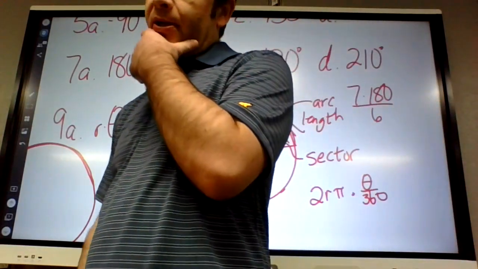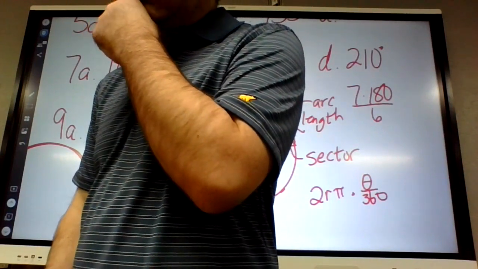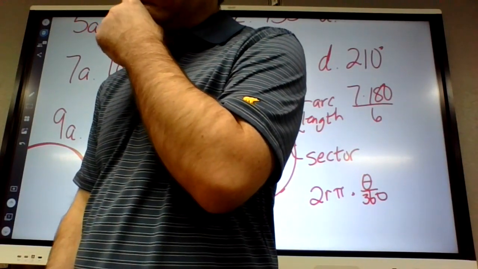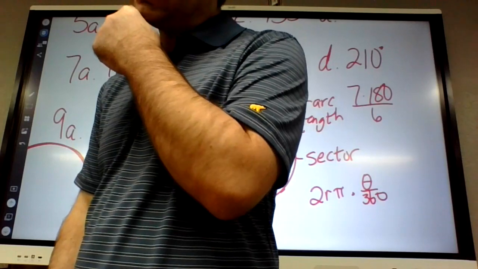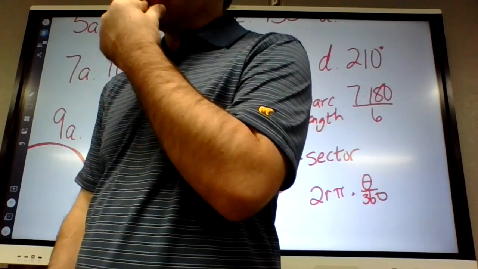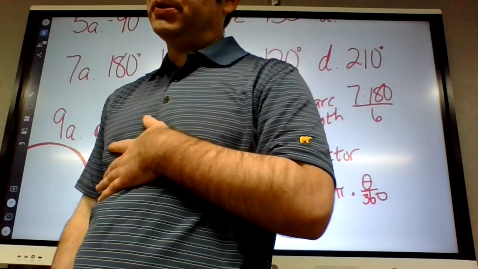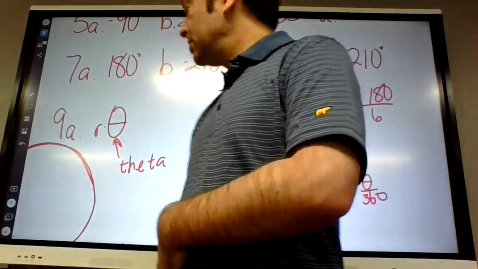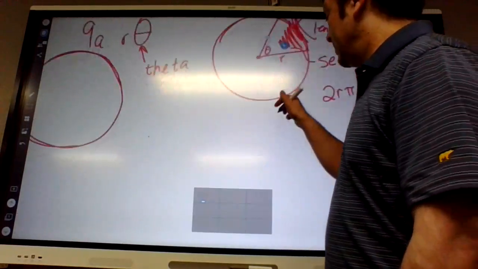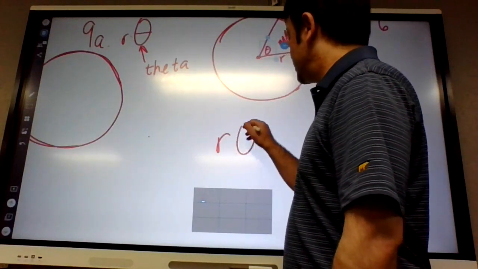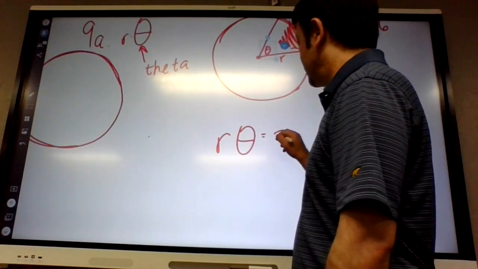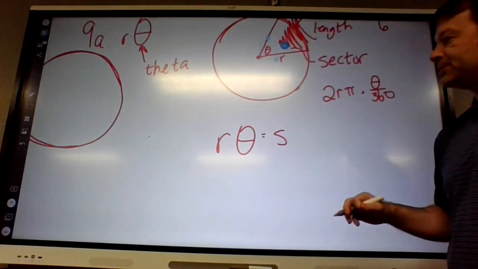So on number 9, you just give the radian measure. Okay, they're giving us the arc length, not the theta. So if radius times theta equals arc length, they're calling the arc length S for some reason.